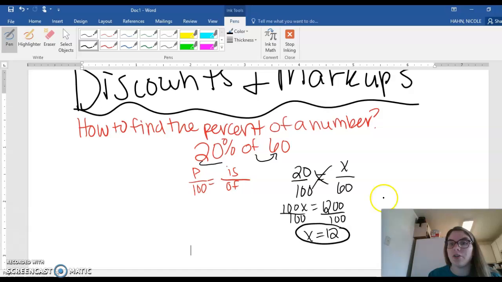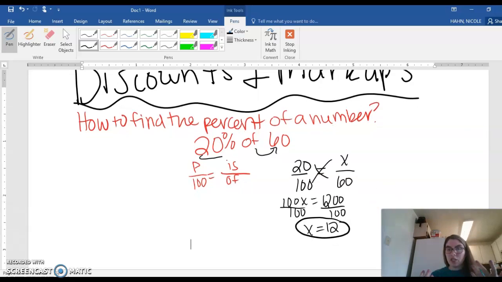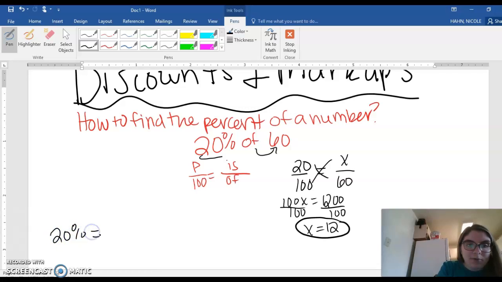Another way to do it, if you want to know what any percent of a number is, is to take the number times that percent as a decimal. So I'm going to take 20%, and if I want to write that as a decimal, I would move it 2 places to the left, so that's 0.20.